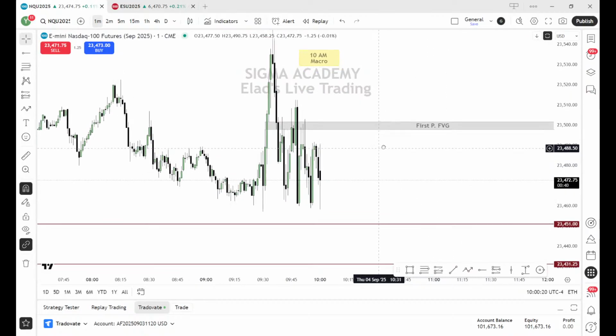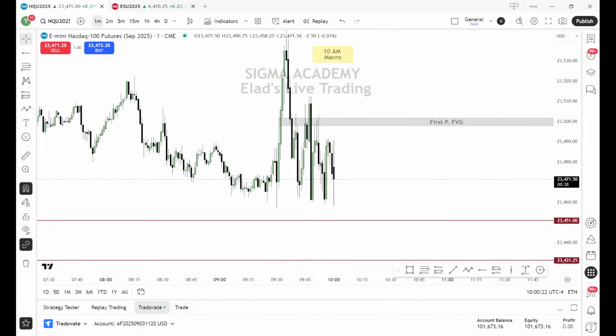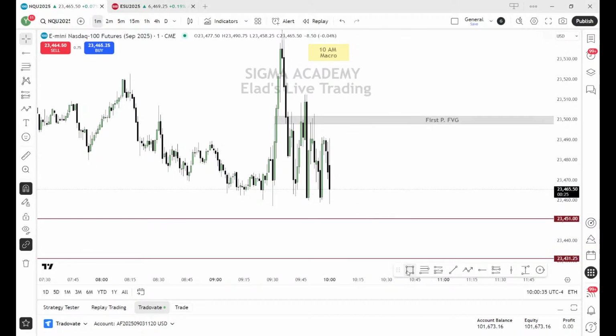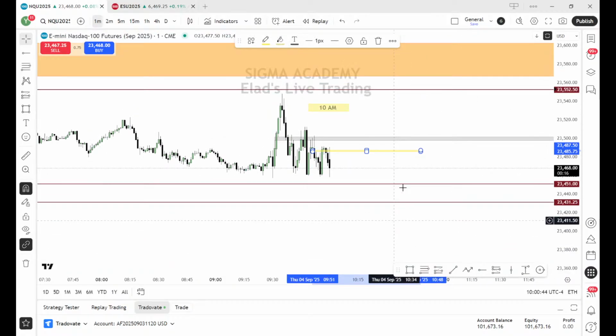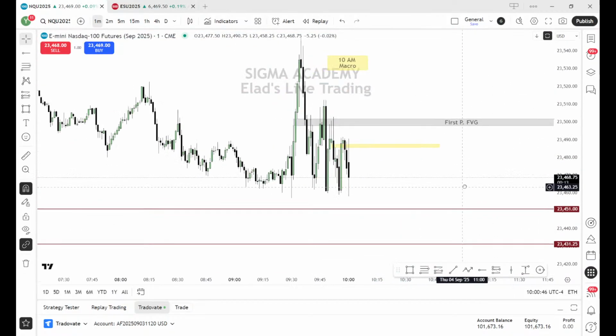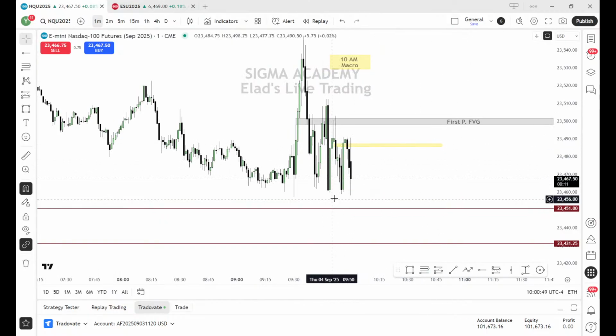We should expect to be inverse. See right here. We ignore it until any liquidity will be taken out.